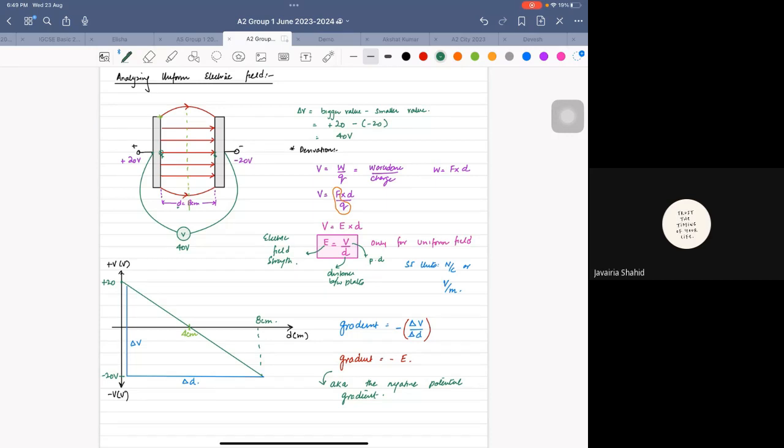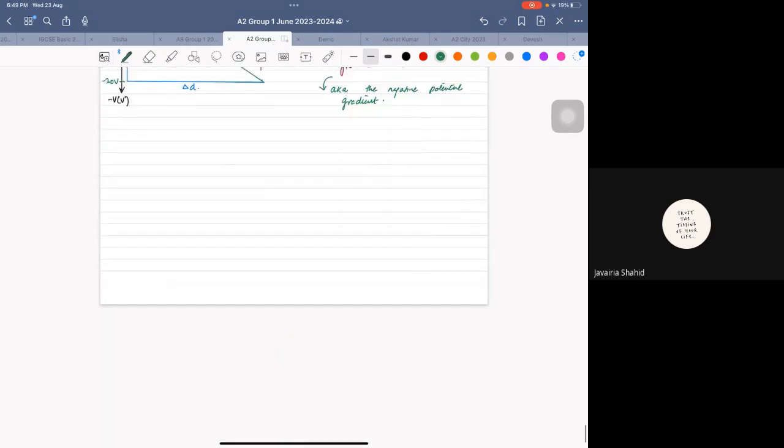So now that is pretty easy. Now let's go to a question and see what basically it requires us to do. So one by one. I'm going to the next page now.